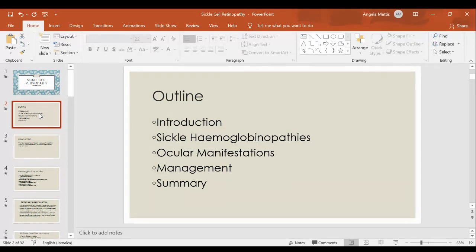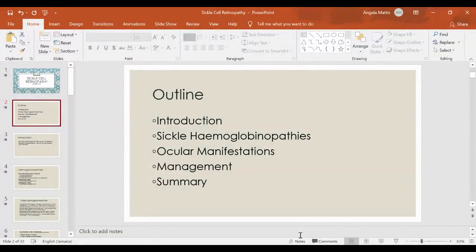You're going to be getting an overview because we want you to be safe doctors. So please don't spend your time trying to figure out how we treat sickle cell. This is a lecture to guide you, because if we're talking about sickle retinopathy, we want to mention the treatment. Remember, when you decide to specialize in ophthalmology, then we can go into that sort of detail, but you want a good overview.